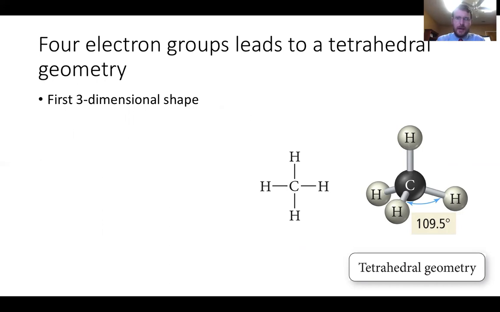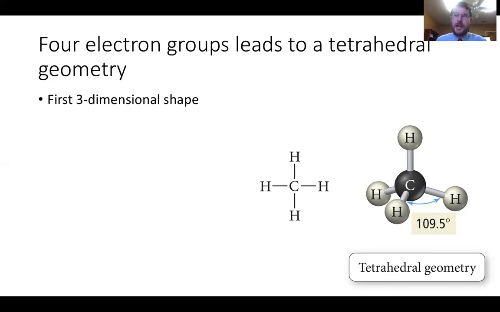Tetrahedral, and the bond angle is 109.5. Notice, and I show this up here, we're going to talk about what it means to depict something on paper in 3 dimensions and how we can do that. You'll need that for lab, where we do these molecular models. If you look, there's methane, CH4, carbon tetrahydride, depicted as we would draw it with a Lewis structure.